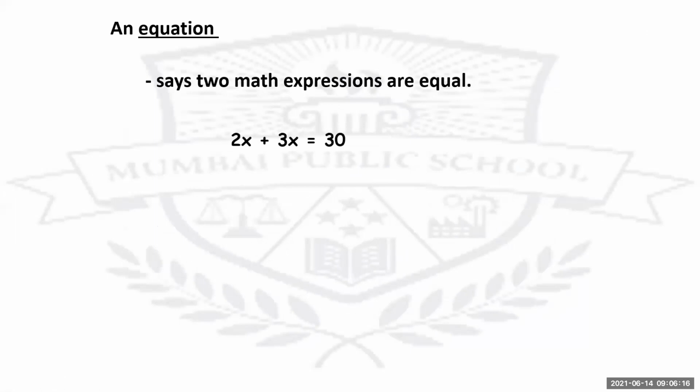For example, check here, 2x plus 3x equals 30. Understand? Check, you've got this equal to sign in between. These two expressions, they are equal. Left hand side, right hand side, equal. It's called an equation.